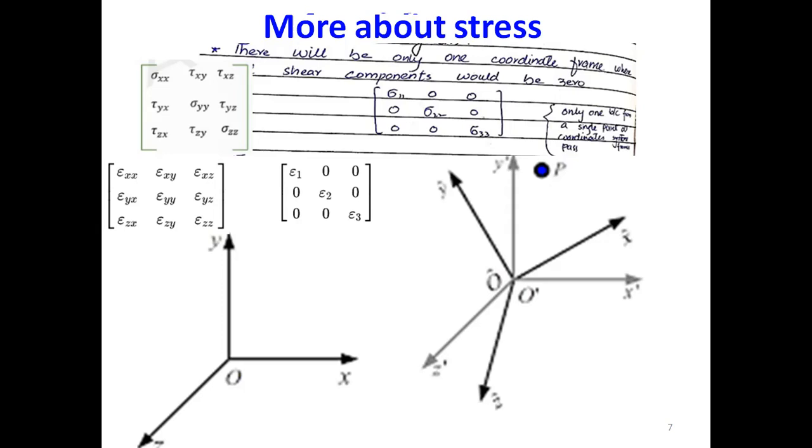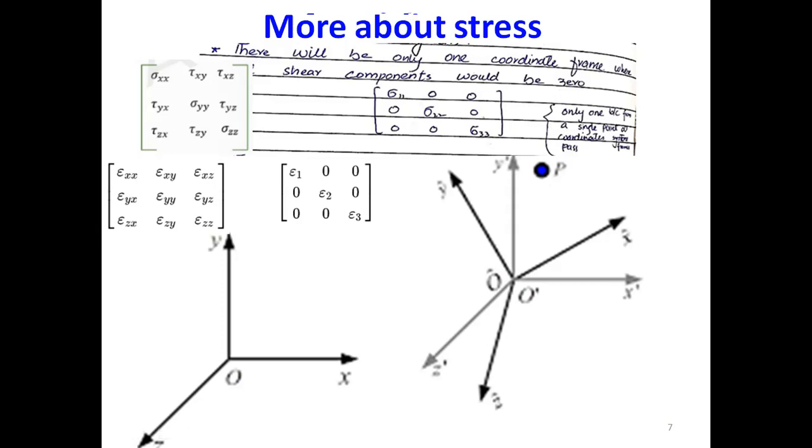What does that mean? It means that we would have infinite number of different values for the stress and strain. All would be correct. The choice of a specific frame or orientation of frame completely depends upon us, and sometimes we have to choose the frame just like this, or sometimes we would rotate the frame and do the calculation.